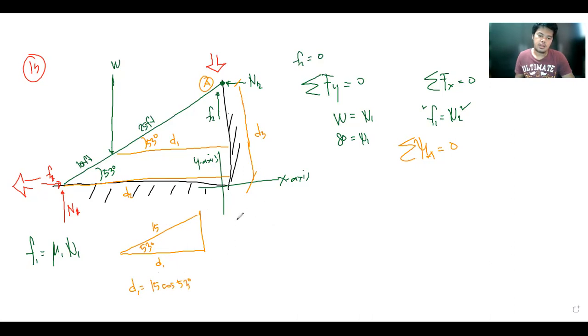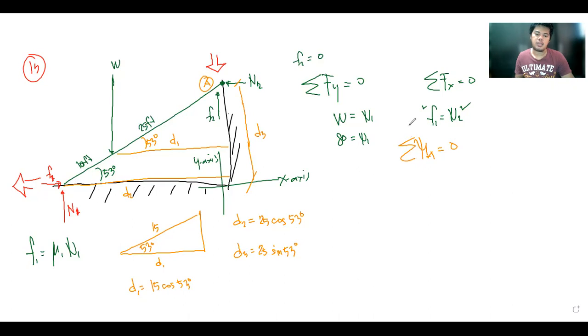D2, on the other hand, the total length is 25, so that's 25 cosine of 53. And then D3 can be calculated looking at this big triangle. This is the opposite of the included angle 53 degrees, so that would be 25 sine of 53.